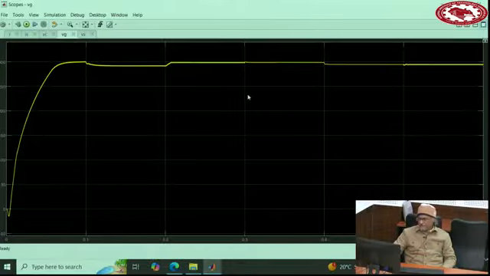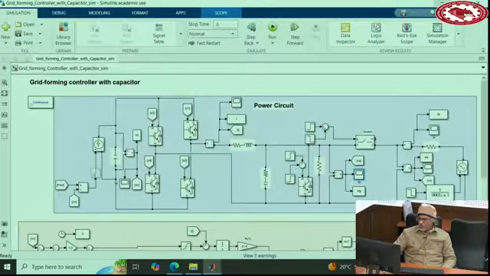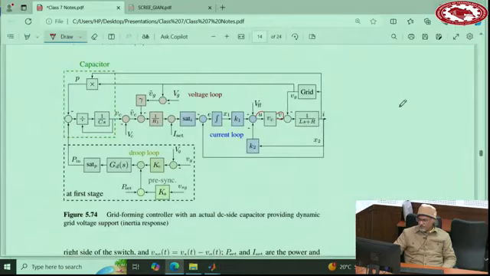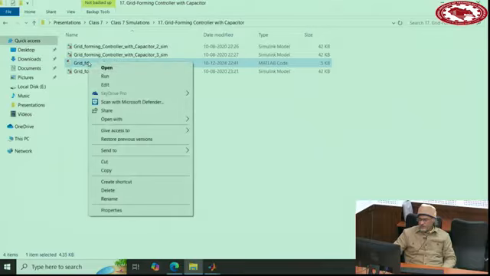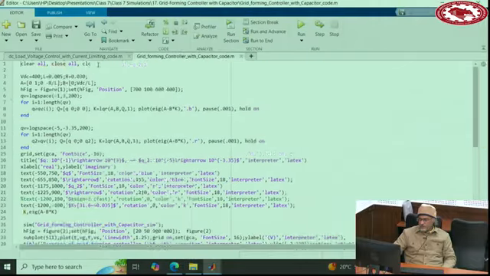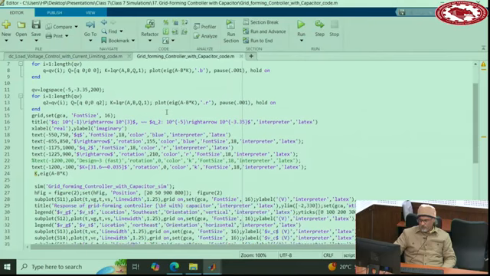Okay. So the codes are also there, but it's a little time consuming. Let me see if I can open it quickly. Okay, quickly opened.